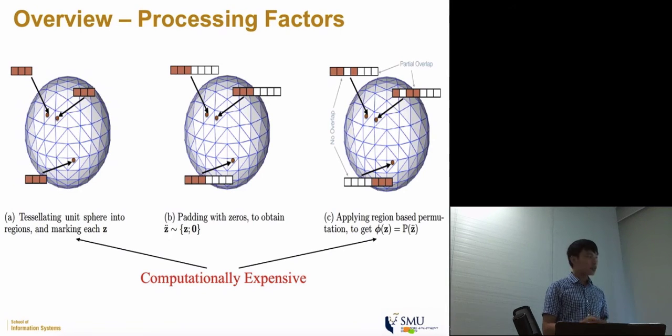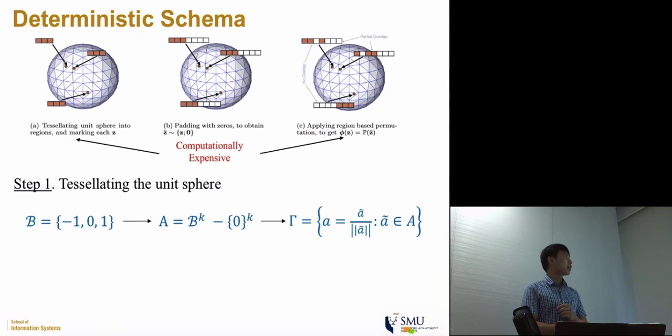Okay, so we have a solution. They propose a deterministic scheme. They base it on a base set like this, and then they construct the tessellating set through this procedure.